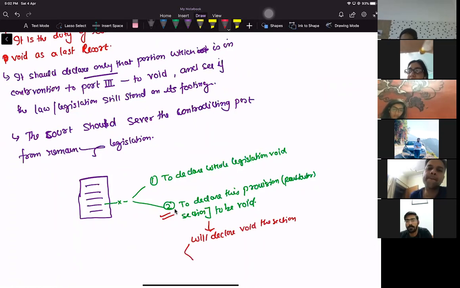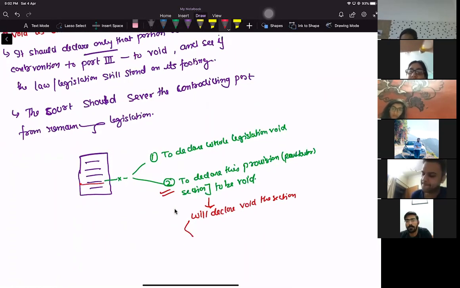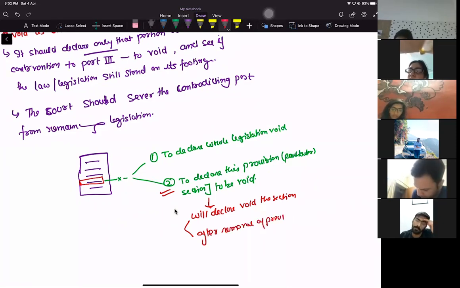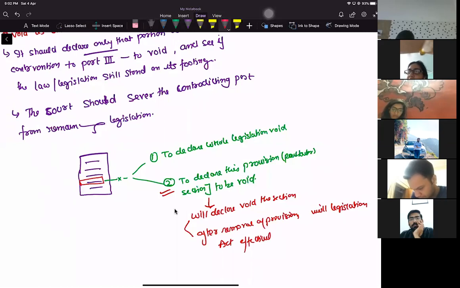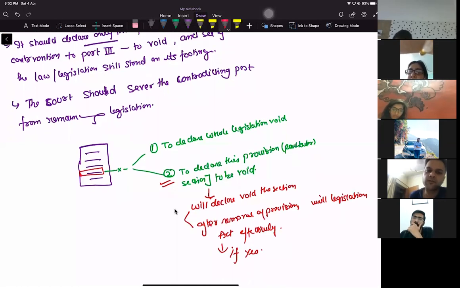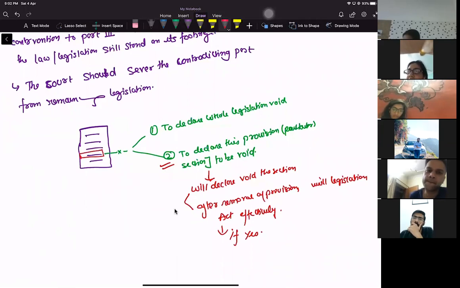Once it is declared void, it will check, after removal of this provision, will the legislation act effectively? If yes, then there is no need to declare the legislation void. Declaration of the provision void is enough.